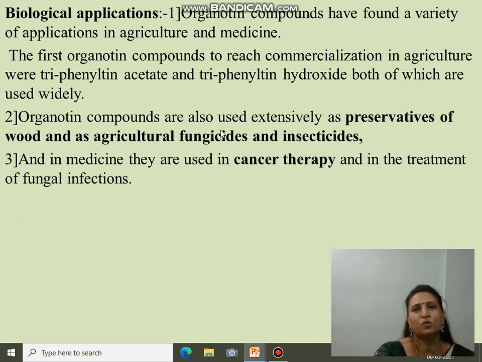Organotin compounds are also used extensively for preservation of wood, and as agricultural fungicides and insecticides. And in medicine, they are used in cancer therapy and in the treatment of fungal infections.